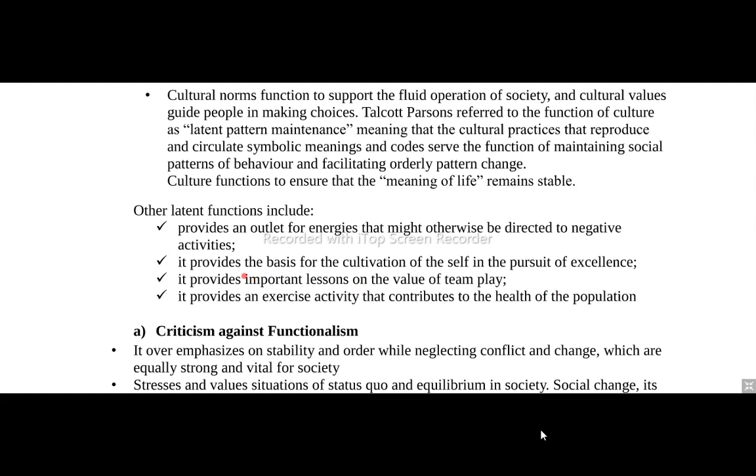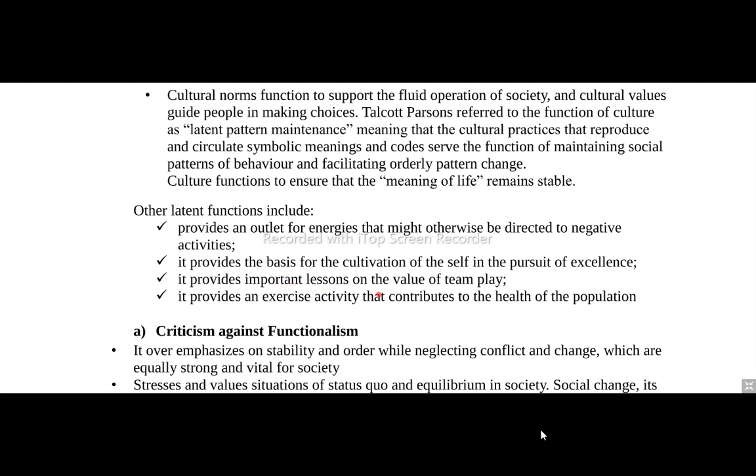Such activity provides the basis for cultivation of self in the pursuit of excellence. Cultivation of self is knowing who you are as a person. What is your purpose? How can you be of use in the society?